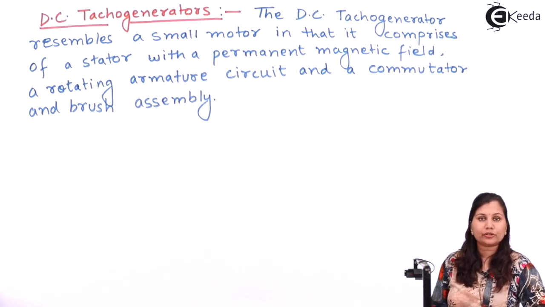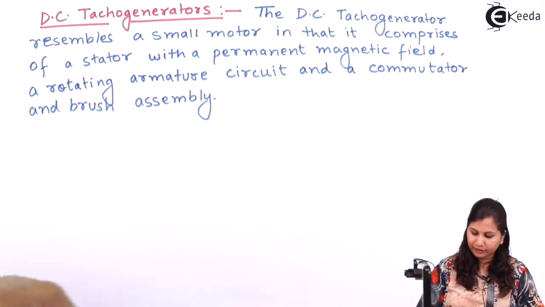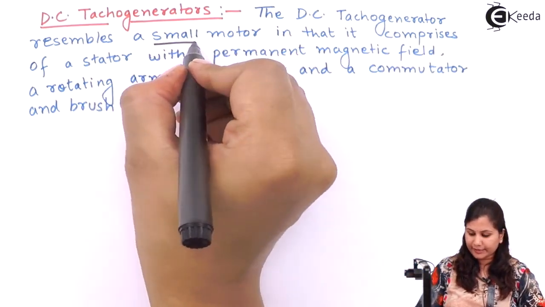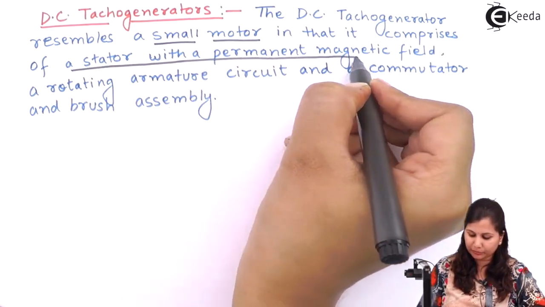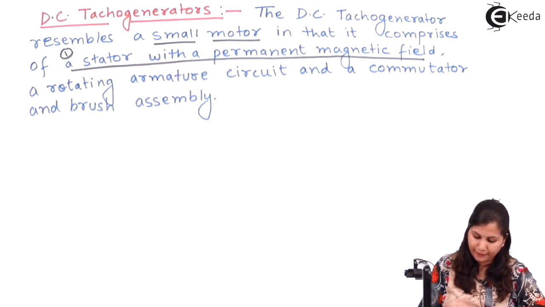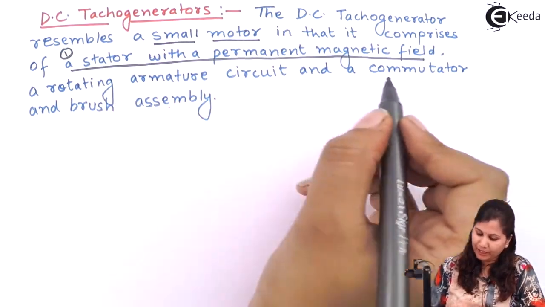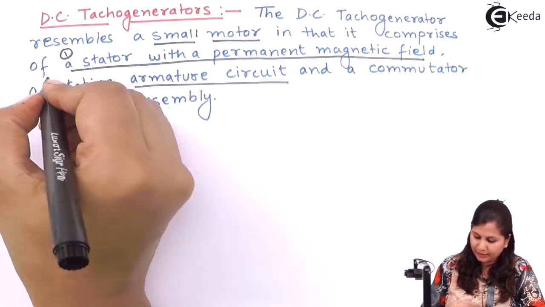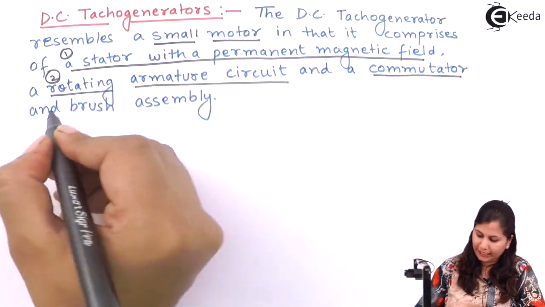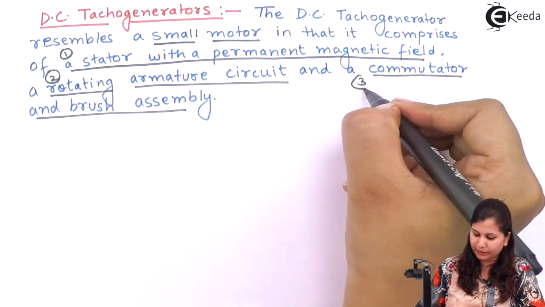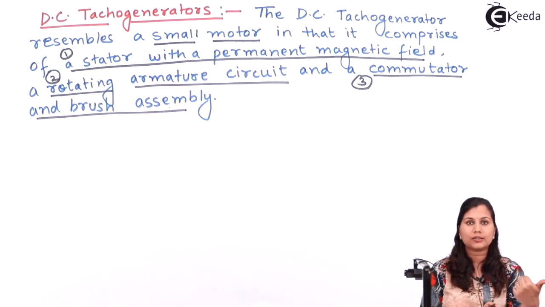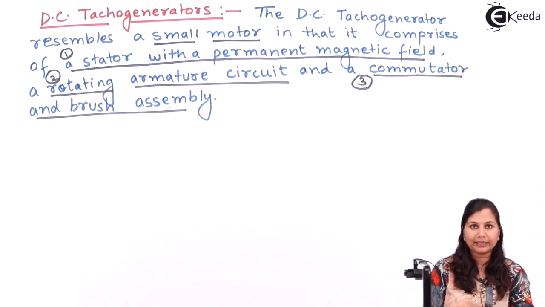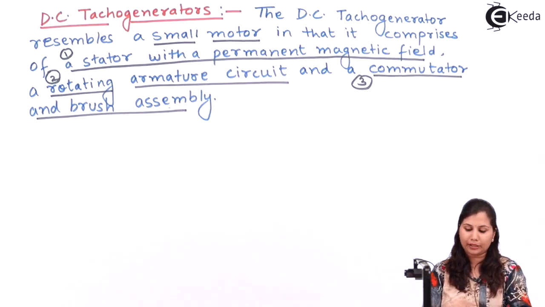So what are the components of the DC tachogenerator? It resembles a small motor, and this small motor has a stator with a permanent magnetic field. That is the first part. Second, we have the rotating armature circuit, and third, a commutator and brush assembly. So there are three parts of the tachogenerator: first, the stator with a permanent magnetic field; second, the rotating armature circuit; and third, the commutator and brush assembly.